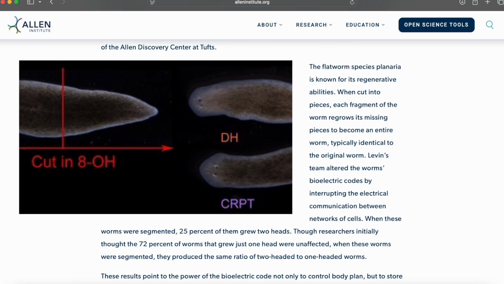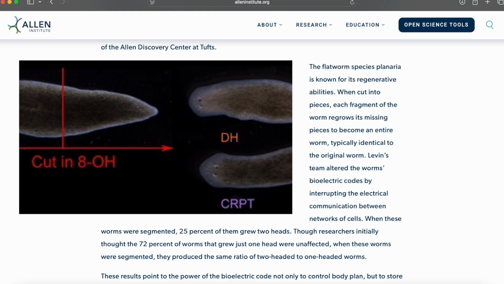The flatworm species planaria is known for its regenerative abilities. When cut into pieces, each fragment of the worm regrows its missing pieces to become an entire worm, typically identical to the original worm. Levin's team altered the worm's bioelectric codes by interrupting the electrical communication between networks of cells.